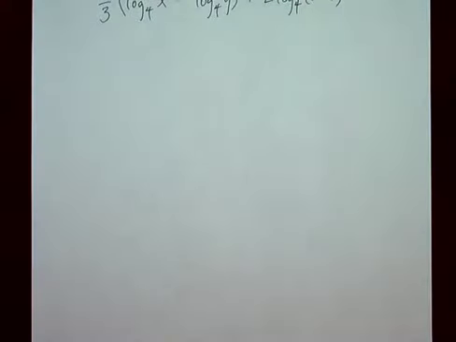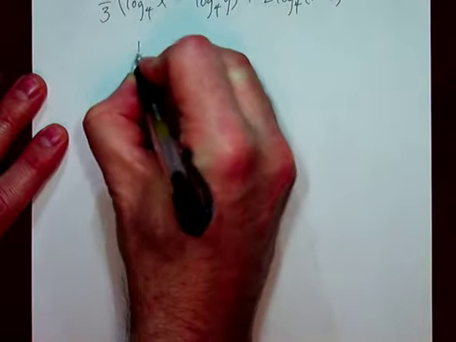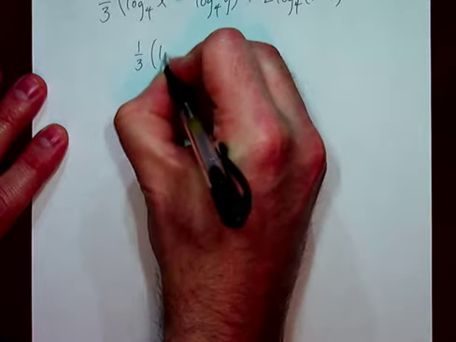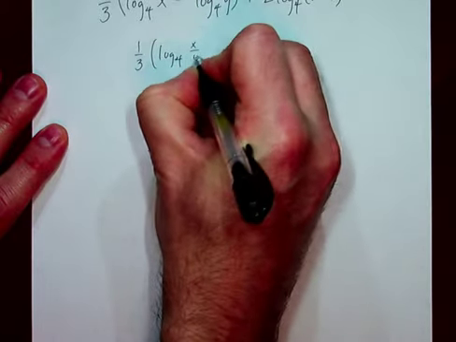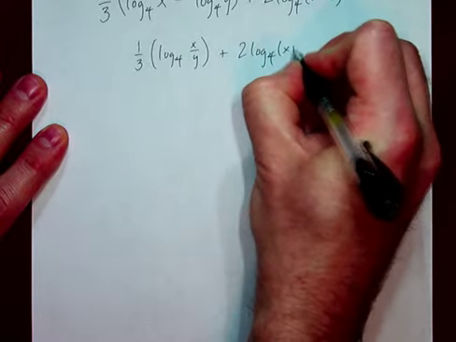Now, here's the thing. There are several ways that you can go about doing this. And I would suggest that you use the same sort of method all along. I like to think of all of the factors as independent of each other. But you could take this as 1/3 log to the base 4 of x over y plus 2 log to the base 4 of x plus 1.